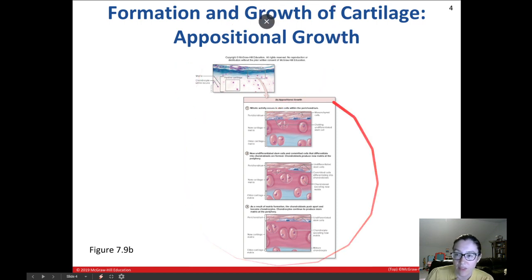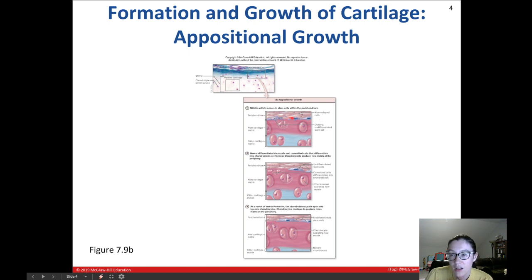But now we have these chondrocytes, and this is early in development, and this perichondrium is still going to have some of these mesenchymal cells in it. These are sort of chondroprogenitor cells. They're like little stem cells for the cartilage, for those chondrocytes. So it's very much like that inner layer of the periosteum.